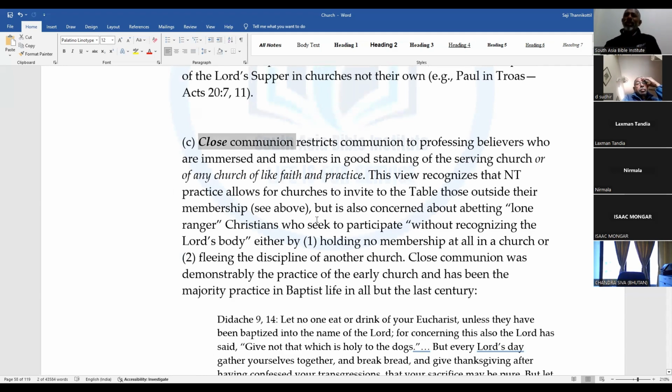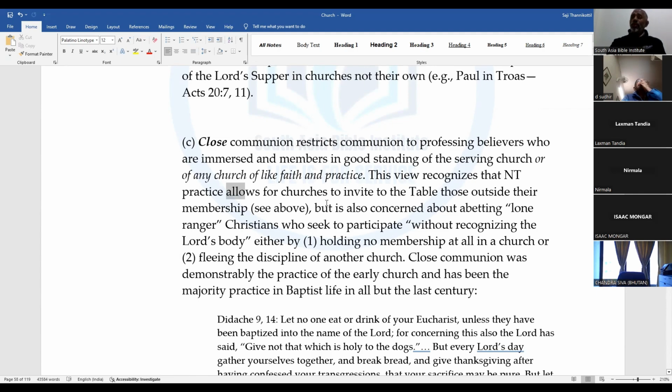What is close communion? Yes, it restricts communion to professing believers who are immersed and members in good standing of the serving church or any church of like faith and practice. Any church that has a like faith and practice of this church, anyone who is similar to that church, can participate. This view recognizes that New Testament practice allows for churches to invite to the table those outside their membership.